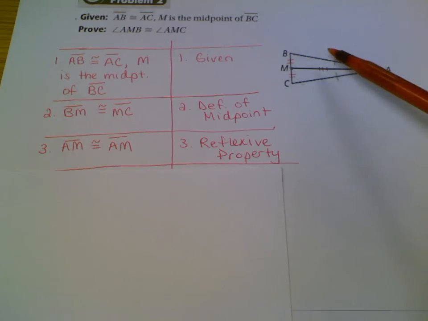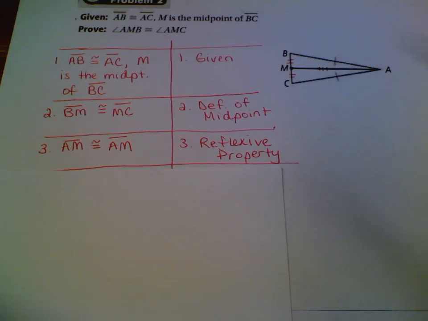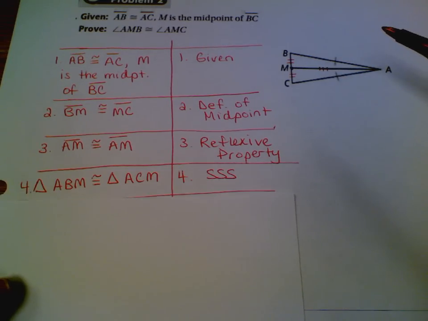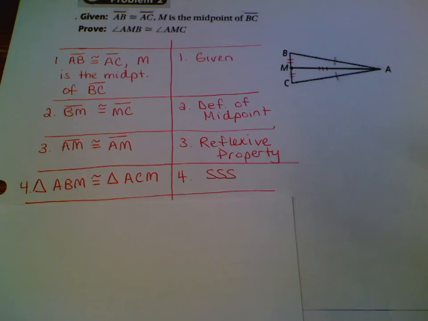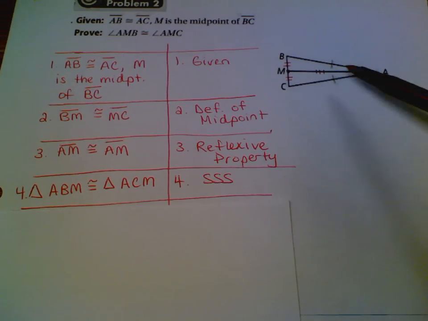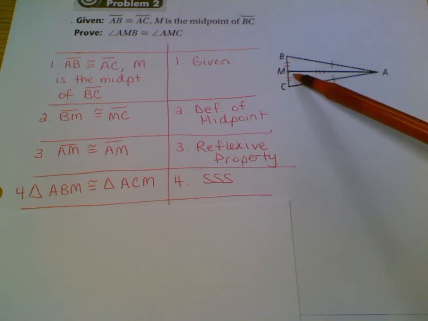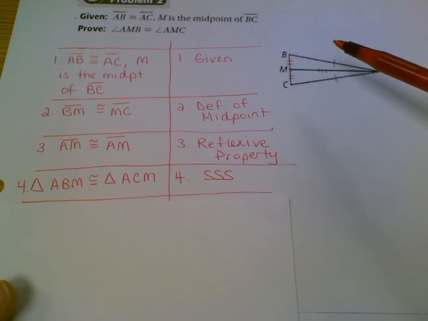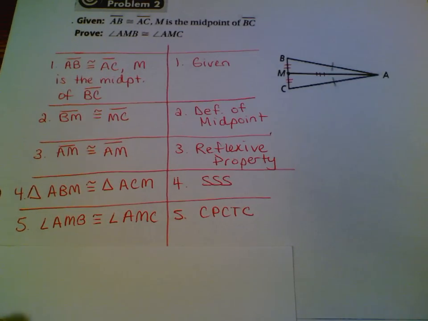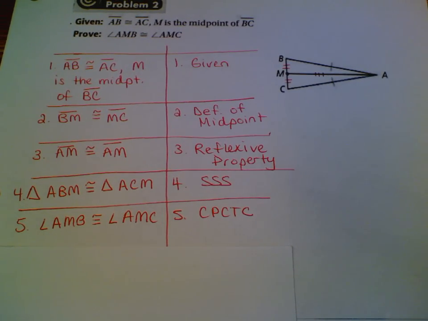Now I see that I have 3 sides on each triangle that are congruent, so automatically I think, oh yeah, those two triangles have to be congruent to each other by side, side, side. And then again, I'm trying to show that AMB is congruent to AMC, and those are corresponding angles. So my last step would be just writing that, and then I would say, for my reason, CPCTC.